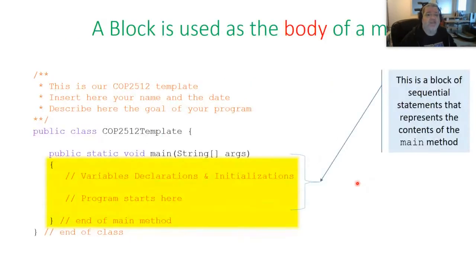All right. We have been using blocks of code as the body of methods, like our main method, always after the header of the method, right? We are going to define a public static void method named main, and between parentheses are the parameters it takes. That's the header of the method. And then right after that, we just slapped a block of code delimited by curly braces, okay?